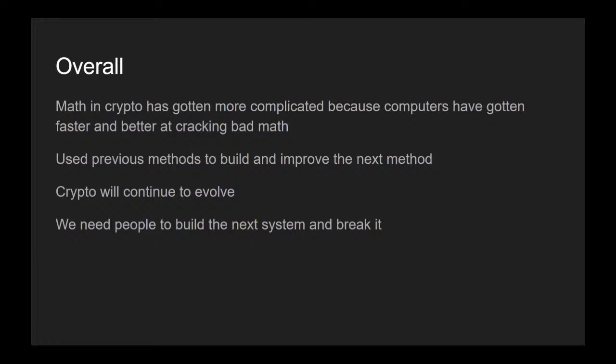That's something that has happened, if you add too many numbers, then things start to fall apart on you. So each crypto system is going to have its faults, and in the next system, we need to fix those, make something better.